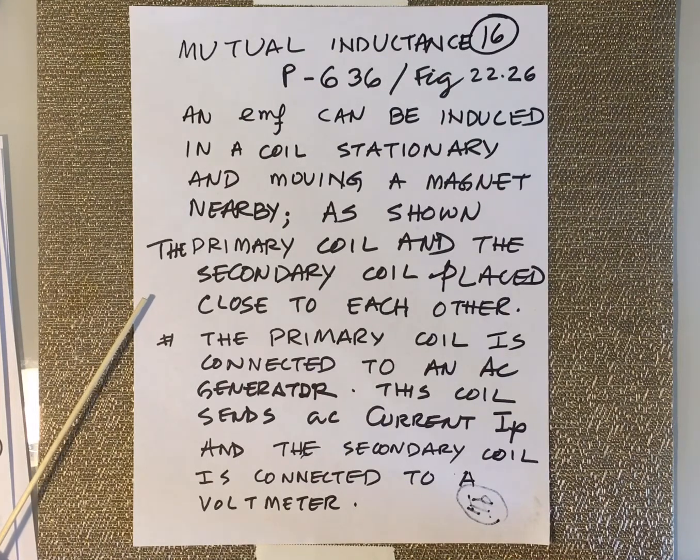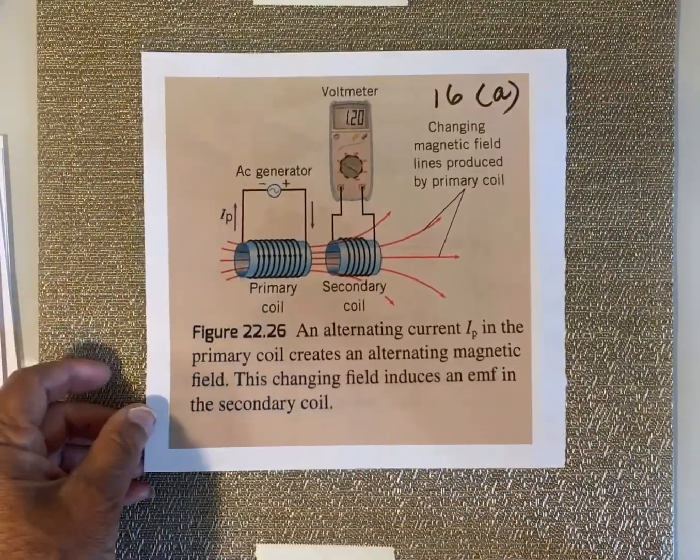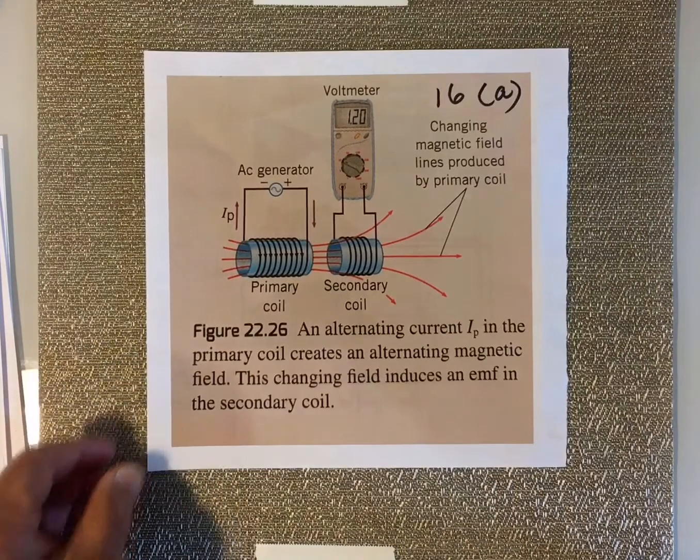The primary coil is connected to an AC generator, as I told you. The coil which sends AC current is IP, and the secondary coil is connected to a voltmeter.